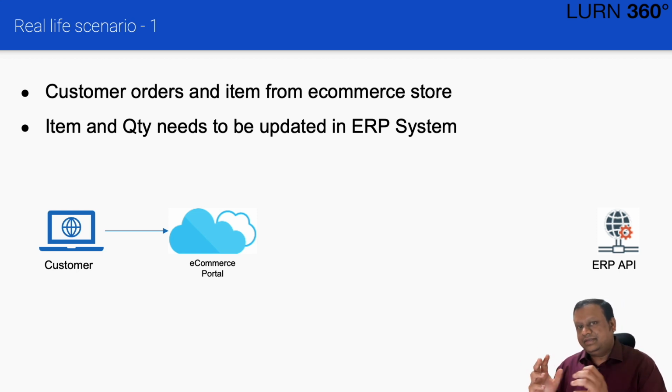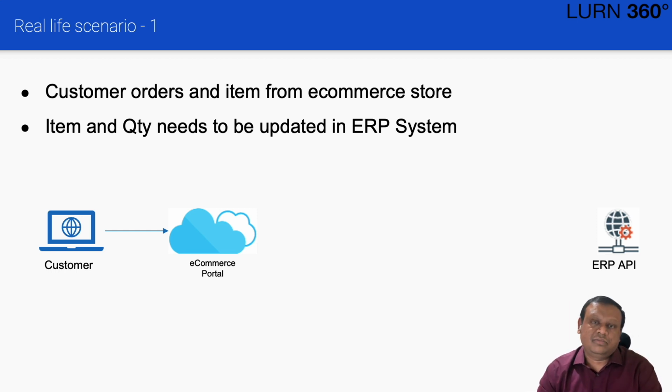But here is a challenge. Your ERP API needs only four fields: the item number, the quantity, at what price it has been sold, and the order number. It doesn't need a lot of details. It just needs these four fields, in a particular JSON format.